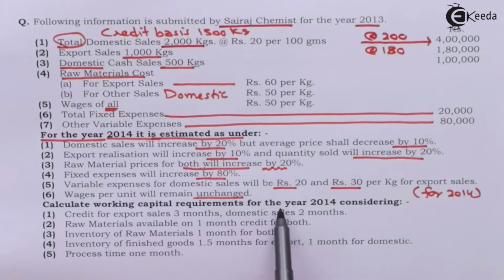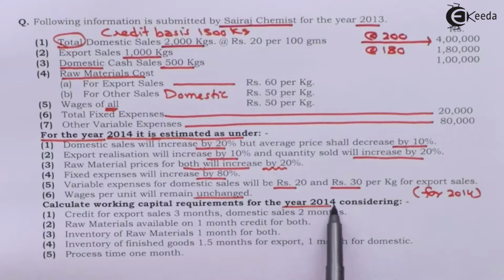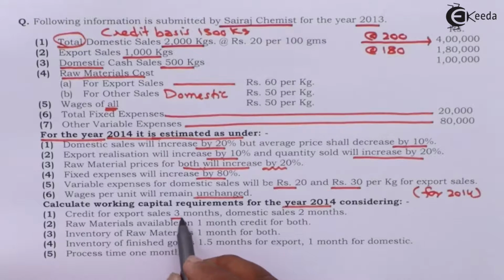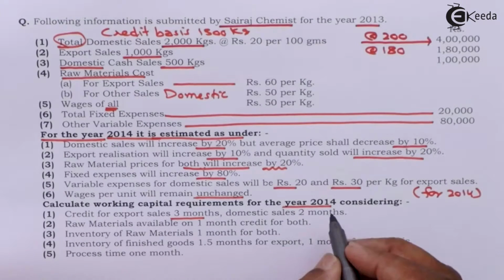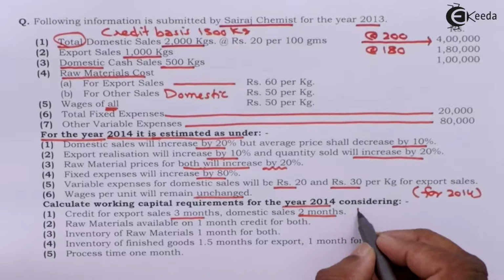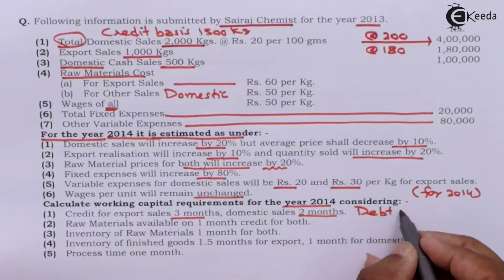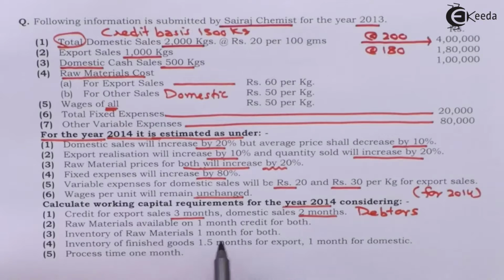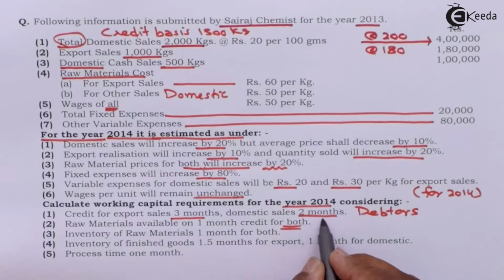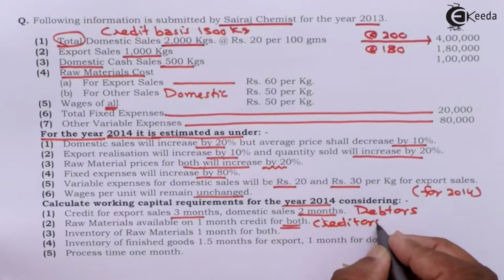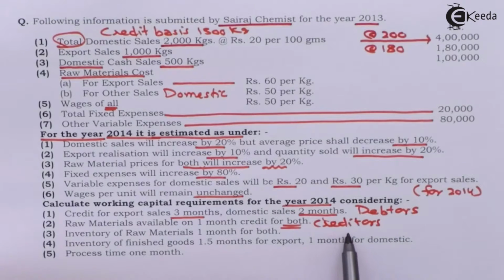Calculate working capital requirement for the year 2014 considering credit for export sales is 3 months, domestic sales 2 months. This is information for debtors. Raw materials available on 1 month credit for both. This is information of creditors, that is current liabilities.